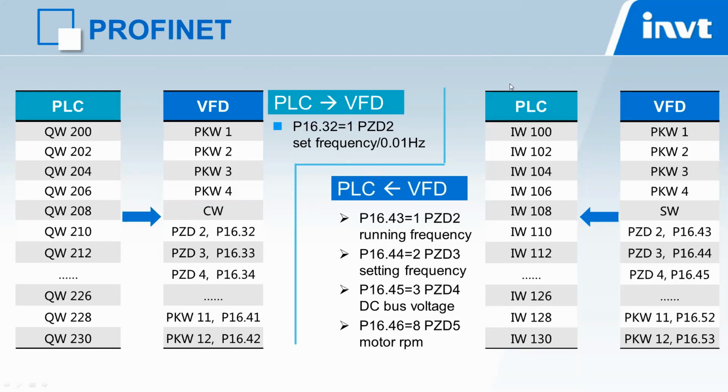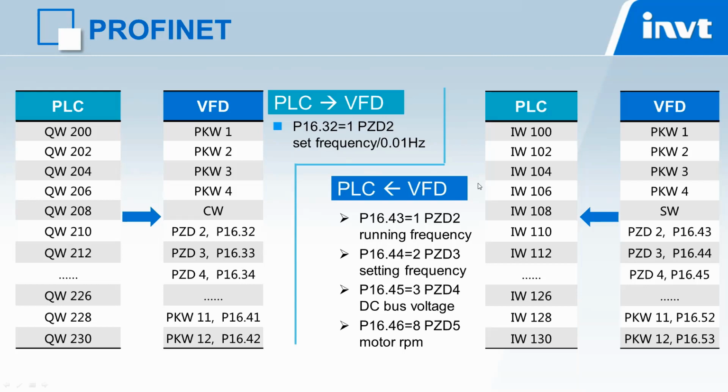And this part is the data transferred from the inverter to the PLC. The input word is from 100, so the input word 100 is the PKW1. This status word, wait a moment, there is very much noise.